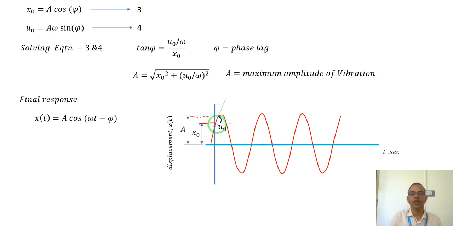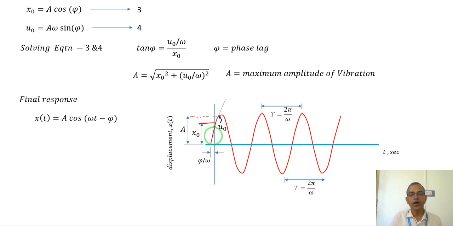Then at time t equal to 0, if I draw a tangent, the slope is nothing but my initial velocity. The time between any two peaks or any two troughs is called the time period, which is 2 pi by omega, where omega is the natural frequency of the system.